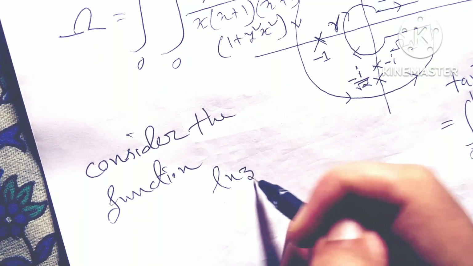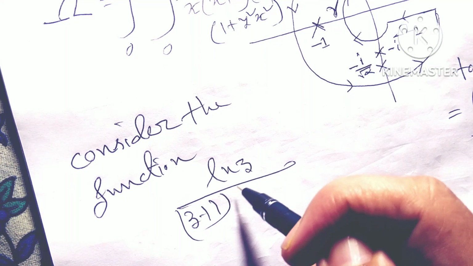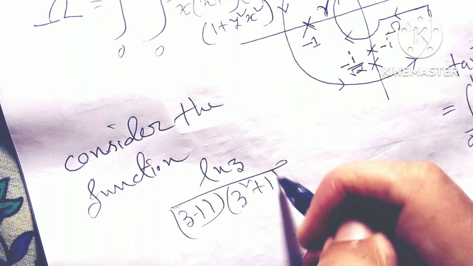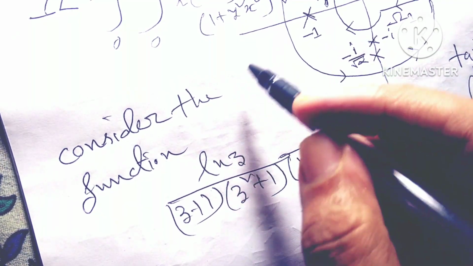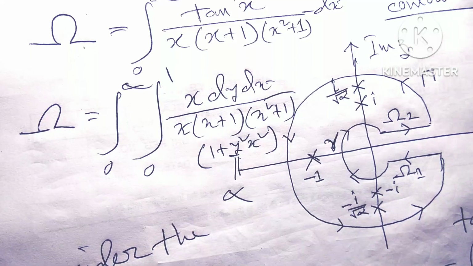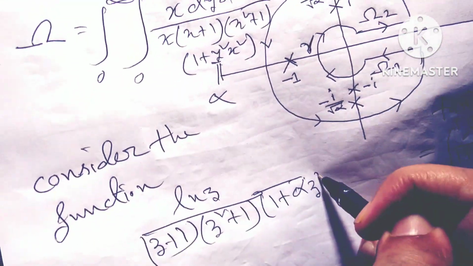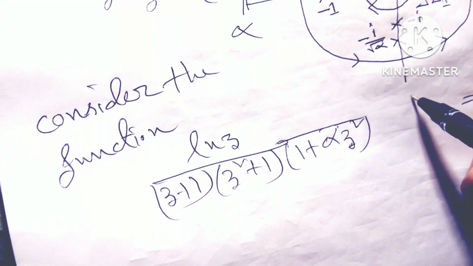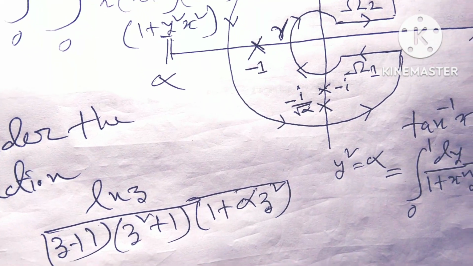ln z into (z plus 1)(z square plus 1 plus alpha z square), where I say y equals alpha, so y square is equal to alpha z square.